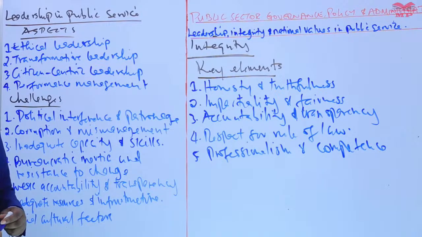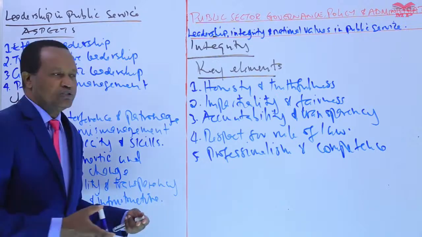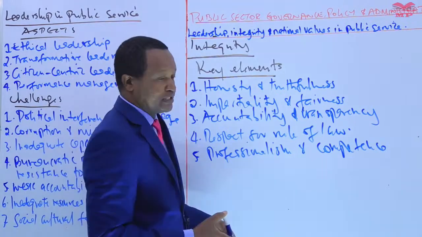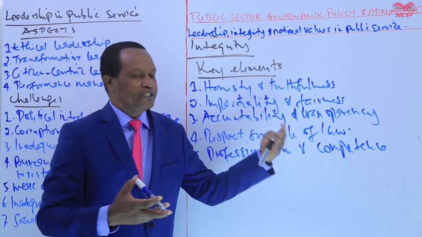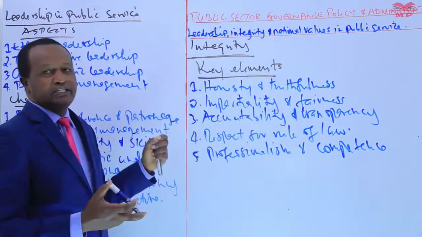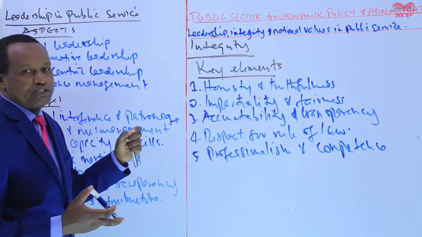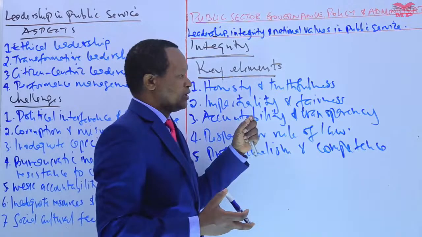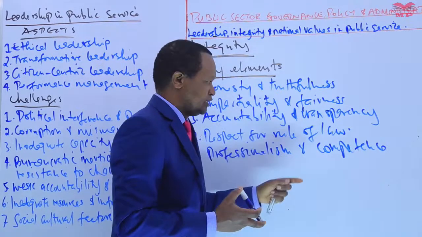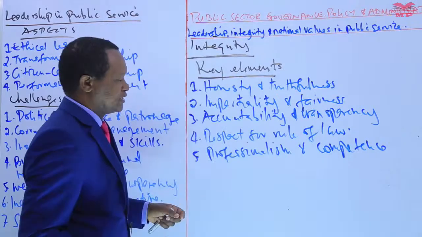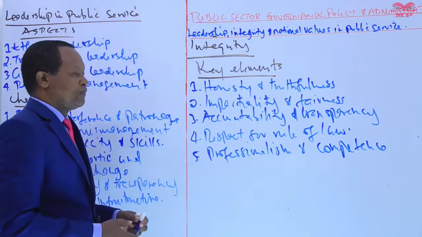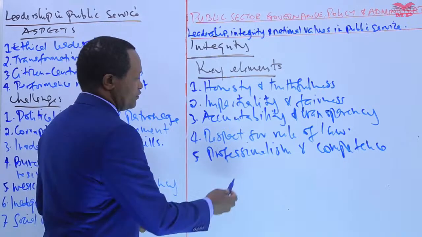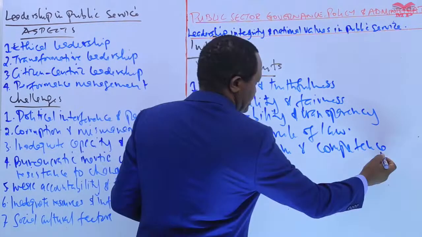Public servants should strive for excellence in their work and should also maintain high levels of professionalism, and that includes acquiring and maintaining the necessary skills and knowledge to perform their duties effectively and efficiently. Being competent. Make sure that if you're a public servant, you provide your services with the highest level of excellence. That is professionalism and competence.